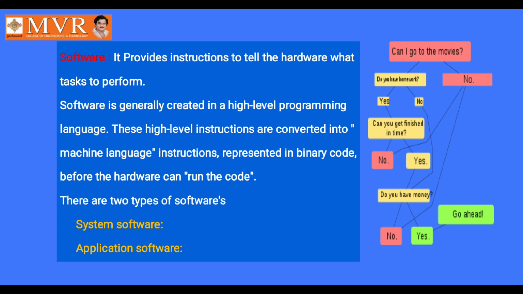It provides the instructions to tell the hardware what task to perform. I told you just now about the CPU, ALU, which is a part of the CPU, CU, which is a part of the CPU, storage unit, input device, output device. These all are performing some operations.